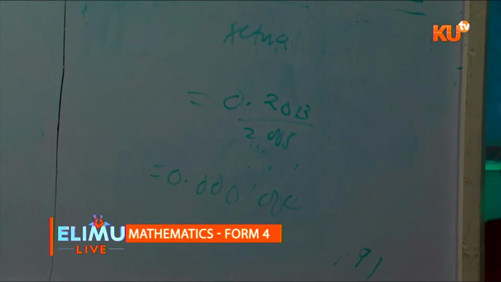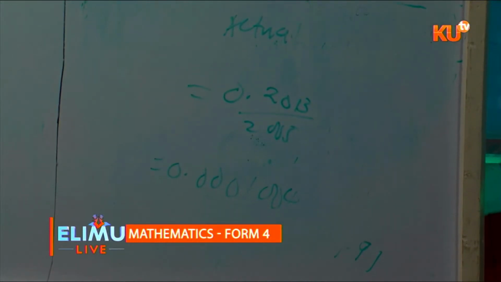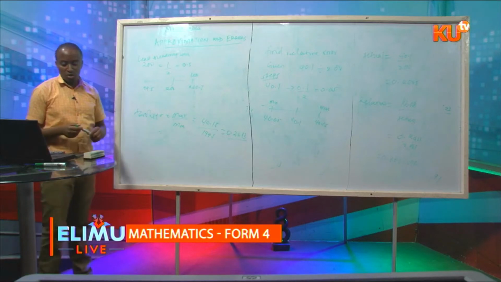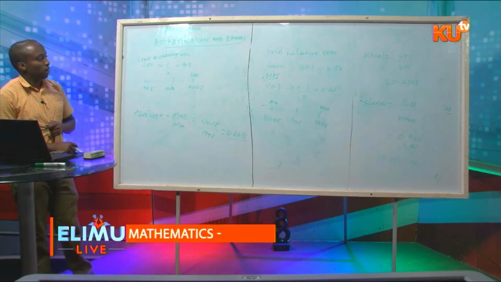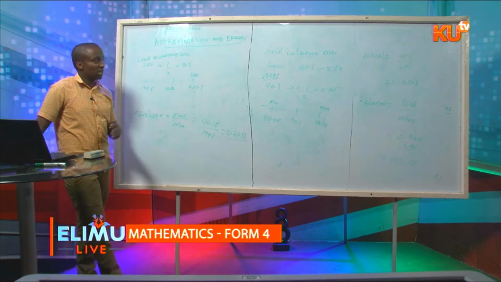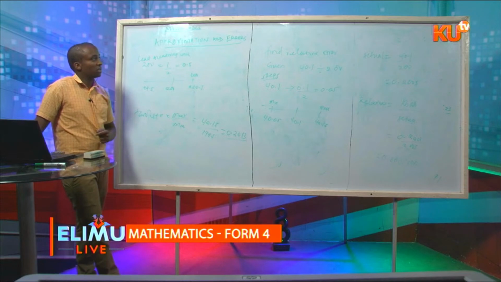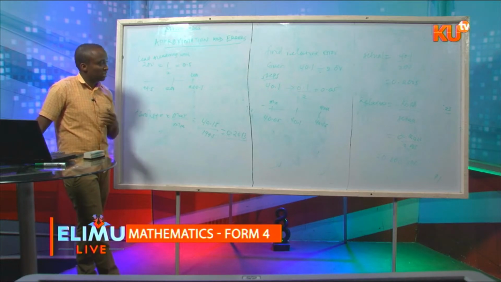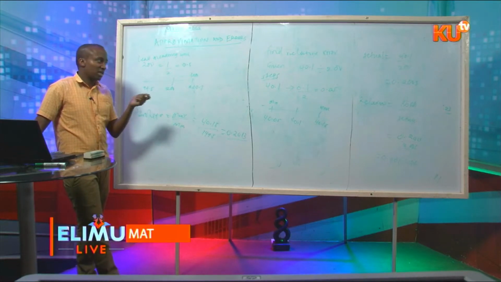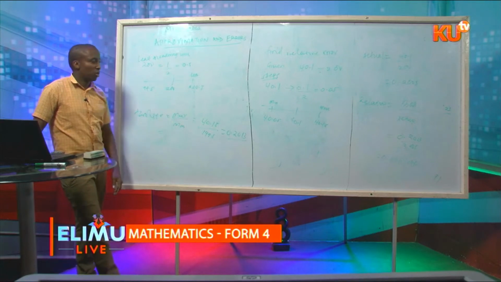So the concept about this topic, that is approximation and errors. You need to understand, like we said, the first step was how to write the significant figures. The type of zero that we have, that is trapped zero, leading zero, and trailing zero, where zero becomes significant and why it is not a significant number.